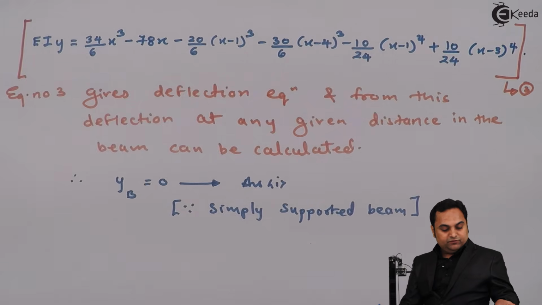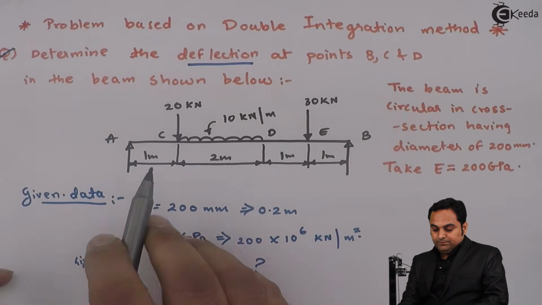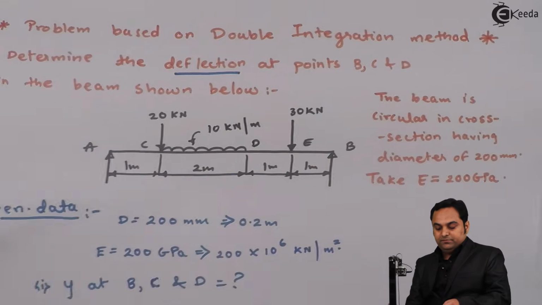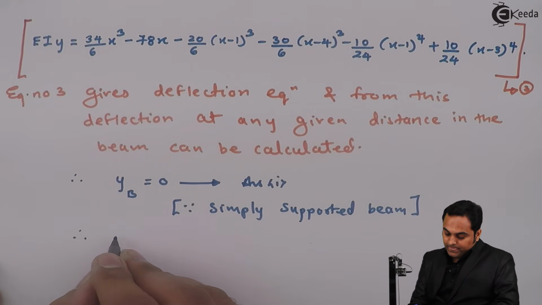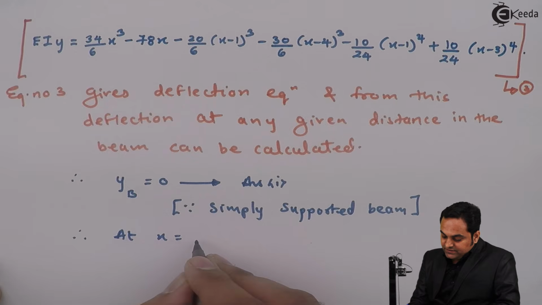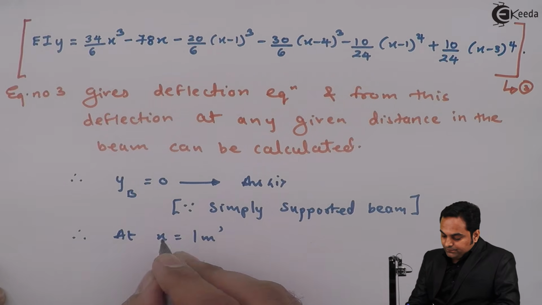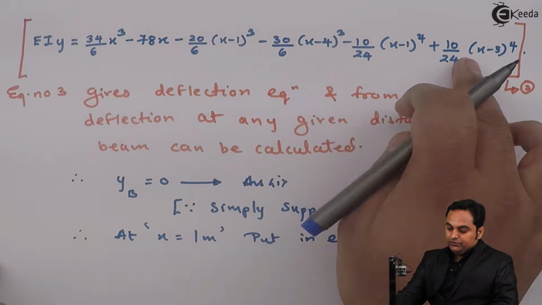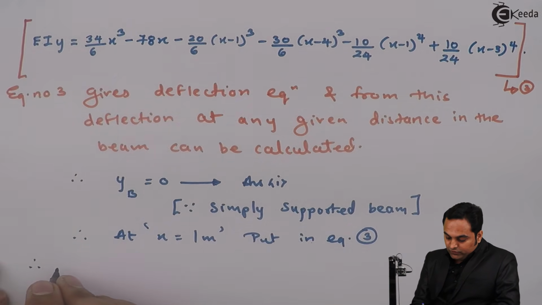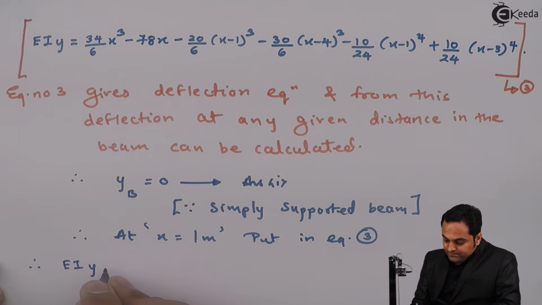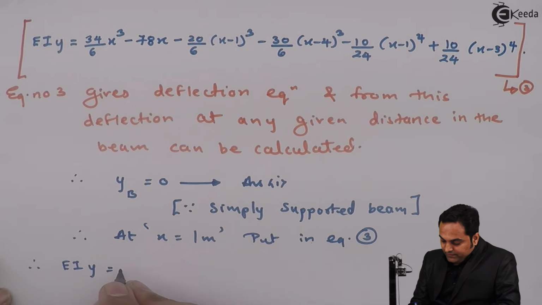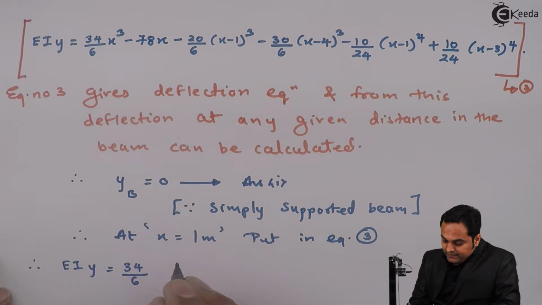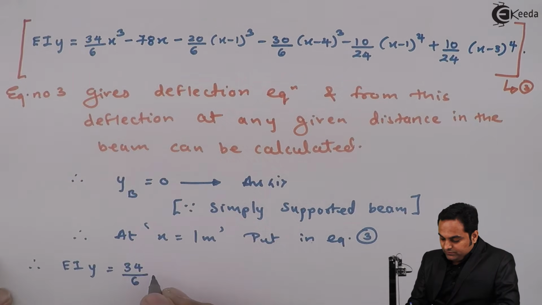Next, we have to find the deflection at point C, that is x is equal to 1 meter. So therefore, at x is equal to 1 meter, put in equation 3. So once I put the value here, that will be EI into y equals 34 by 6, x is 1, so 1 cube will remain 1, minus 78 into 1 will remain as it is.